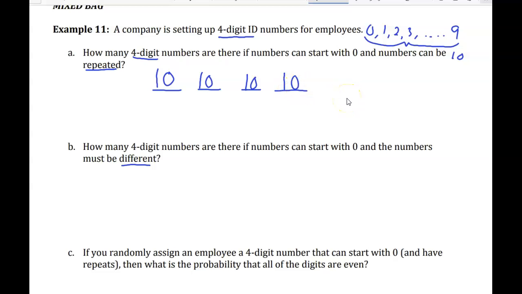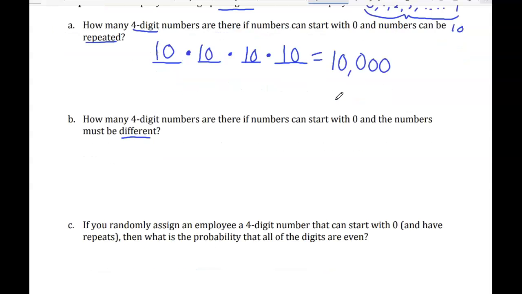In order to get how many different numbers we have, we multiply these. Fundamental counting rule, we multiply through. So we have 10 times 10 times 10 times 10. If we can repeat the values, we have 10,000 different 4-digit numbers. That is, with repeating.